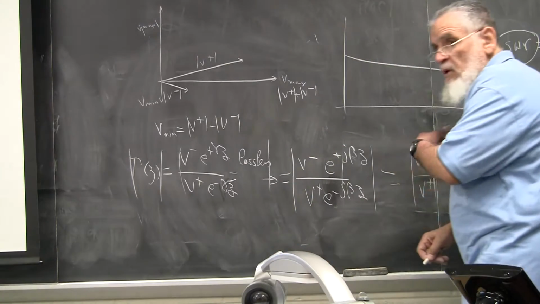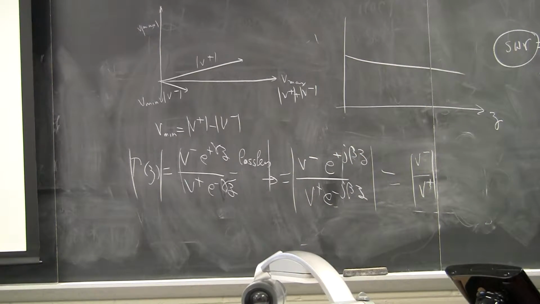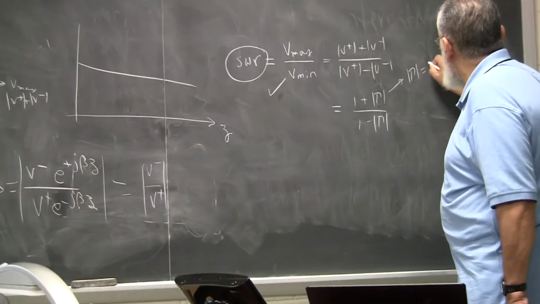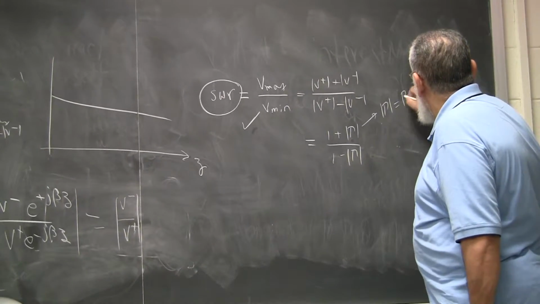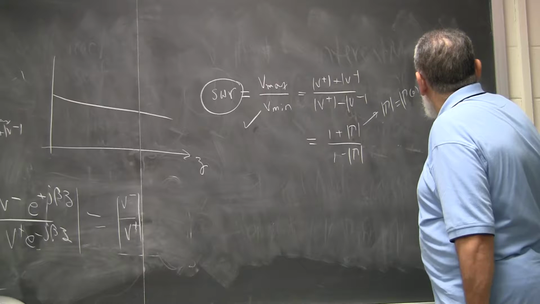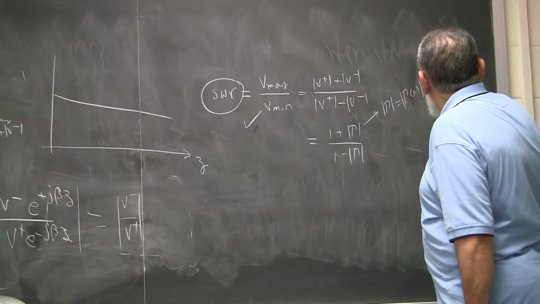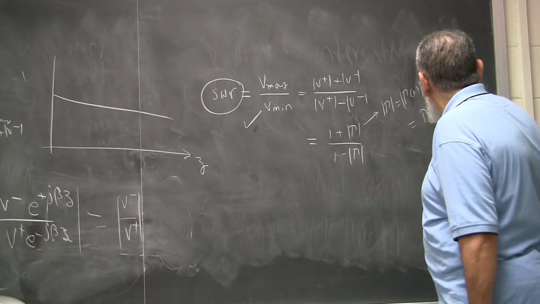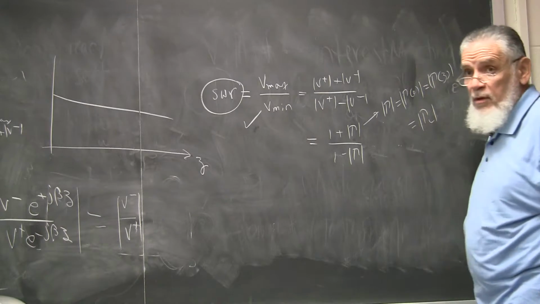In other words, your gamma would be the same magnitude anywhere on the line. Alright? So this gamma here would be any gamma on the line, because they are all the same magnitude. Gamma of 0 magnitude is the same as gamma of z magnitude is the same as gamma sub L magnitude. It's the same everywhere.